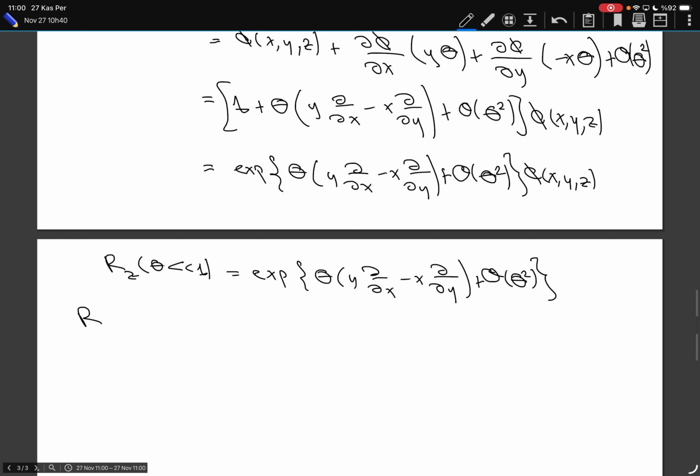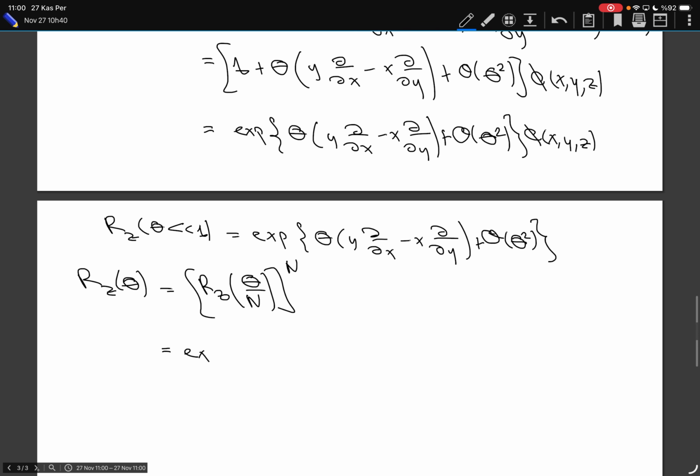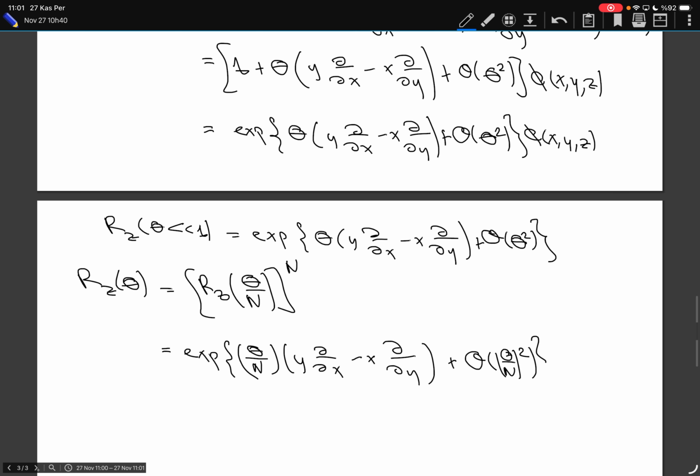Now an arbitrary rotation around z will be just rotations by, let's say, theta over n. At each step I rotate by theta over n, but I take n steps, which will be exponent of theta over n times y del over del x minus x del over del y, plus some possible corrections of the order of theta over n squared, raised to the power n.